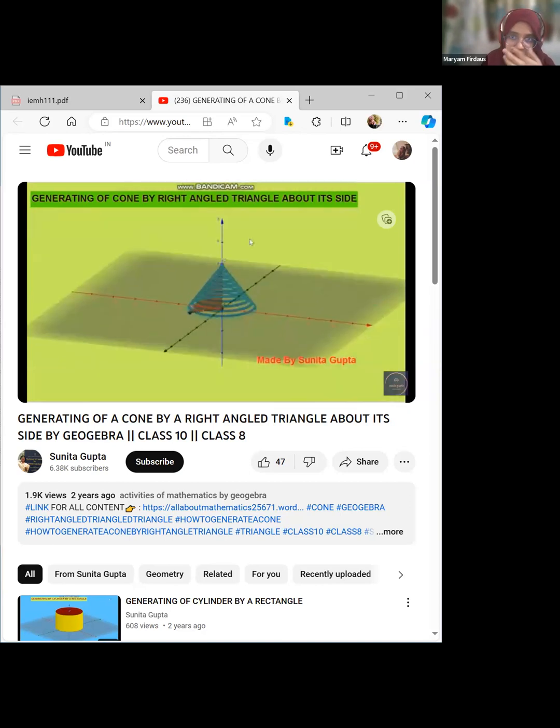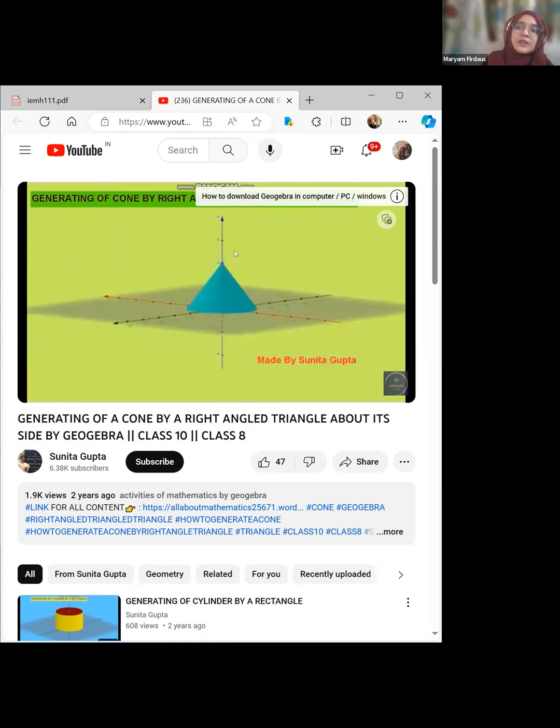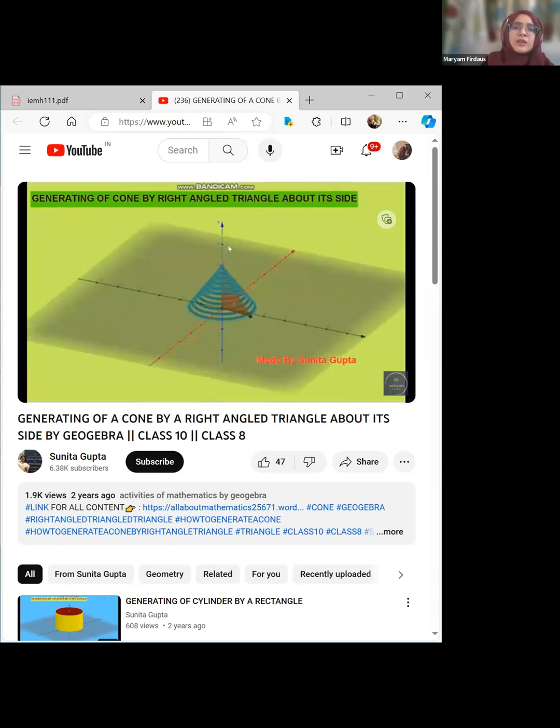You can see the triangle revolving and you can see that it is forming the cone. In this way, you can even think about what shape we will get if we rotate any shape. For example, what shape will we get if you rotate a circle?